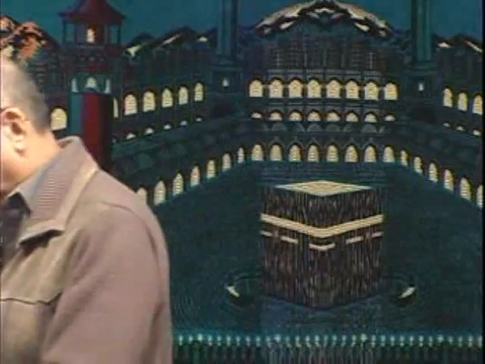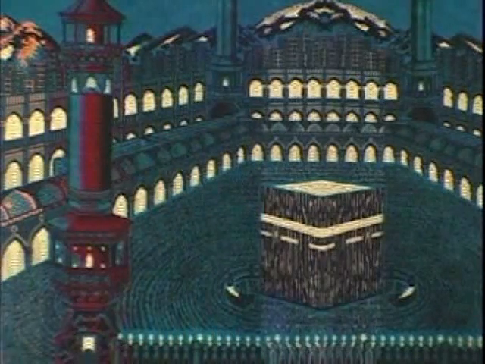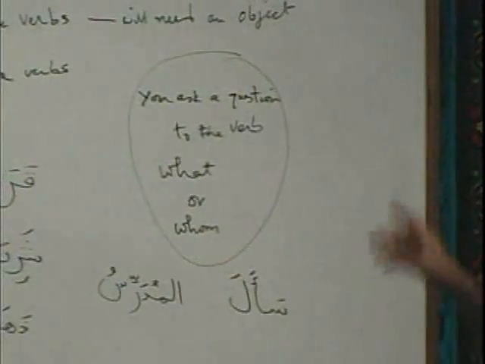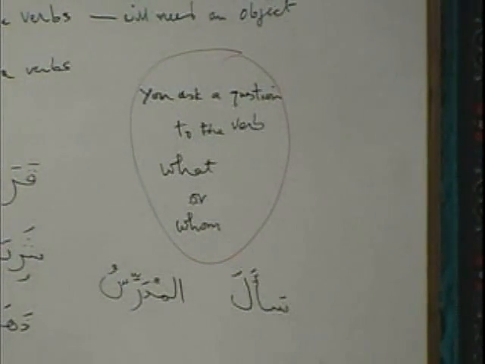Can you ask this verb a question? What will you say? Asked what? Because in order to find out whether the verb is transitive or not, you have to say these things. What do you have to ask? What or whom? So here you say, the teacher asked.